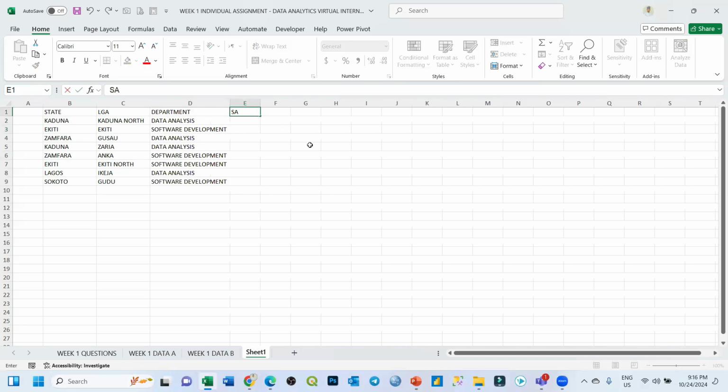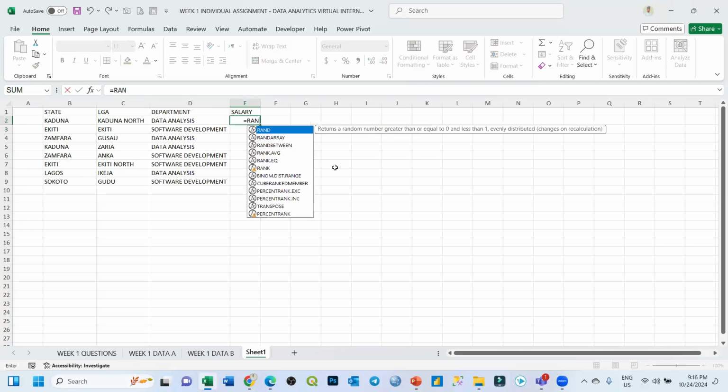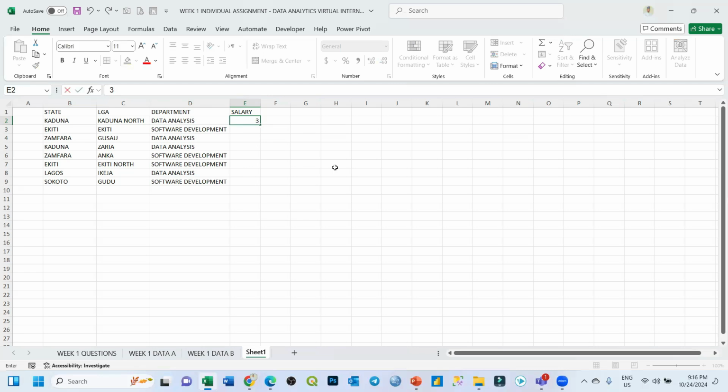Don't worry, don't get confused. I'm just trying to give you an example that you understand. So for the salary, I'm just writing anything, 90,000. Don't worry, I'm just writing it anyhow so that we can have the data to use.